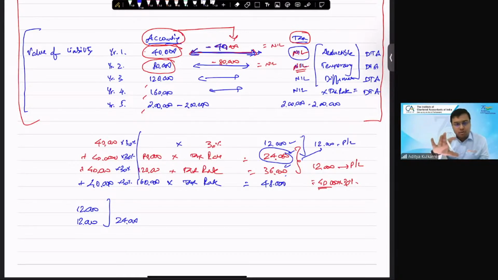But don't break your head on that, because Ind AS 12 does not allow hybrid. Ind AS 12 is a pure balance sheet approach. You only focus on the balance sheet approach. For your own interest, you can look up articles on the net that advocate P&L, articles that advocate balance sheet, and articles that advocate a hybrid approach. It's perfectly fine.